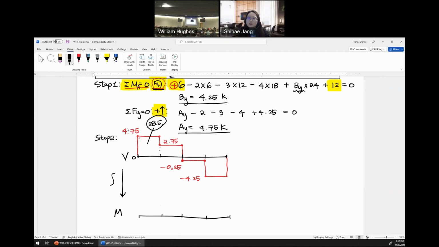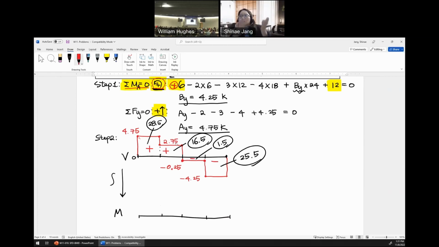All circled numbers are the areas. Here, 16.5, and here, 1.5, and here, 25.5. And also it's integral and then differentiation. Sign matters, so I'll indicate the sign here: plus, plus, minus, minus.